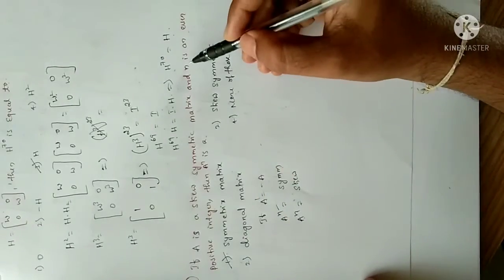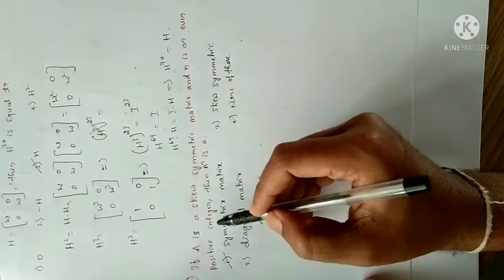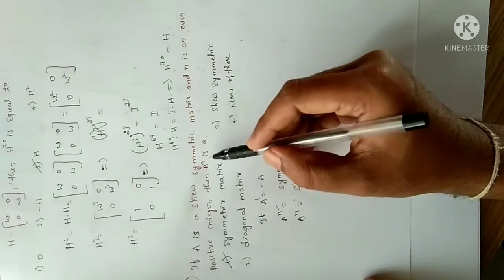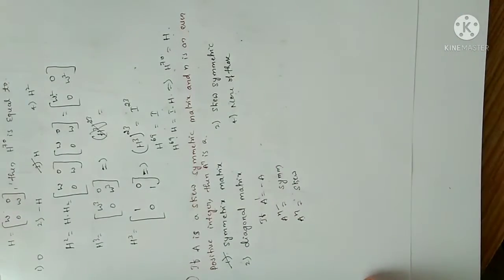Now they have given that n is an even positive integer, therefore A to the power of n is a symmetric matrix. Okay, let me move on to the next one.